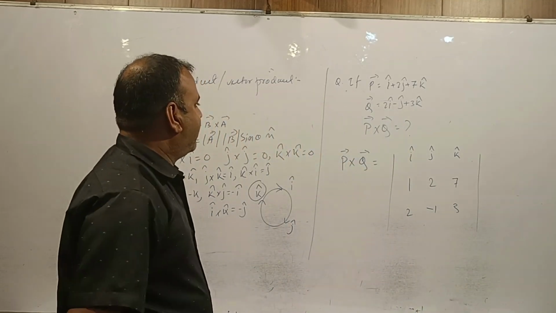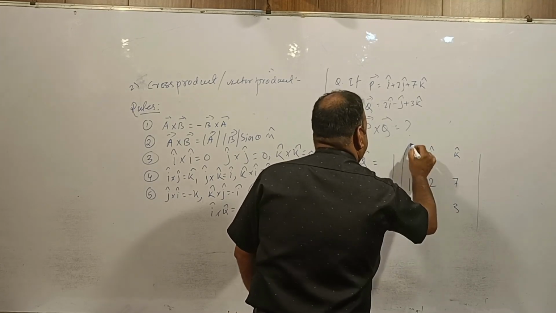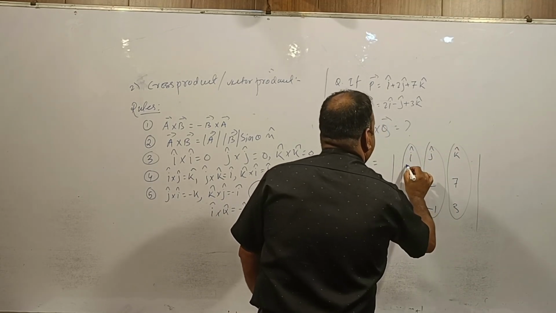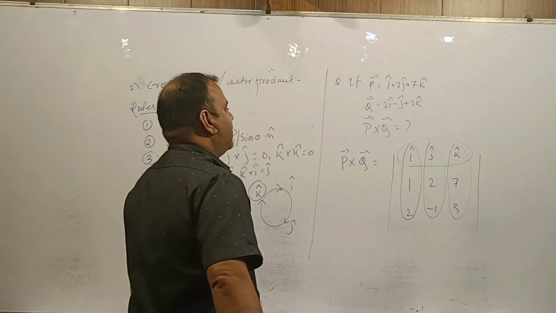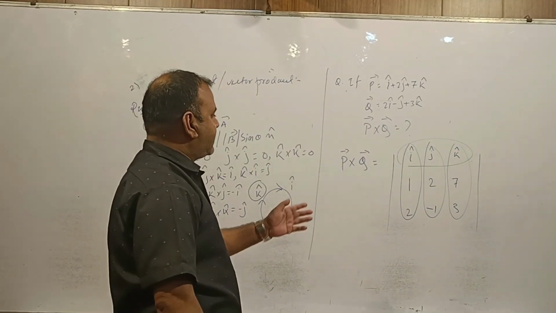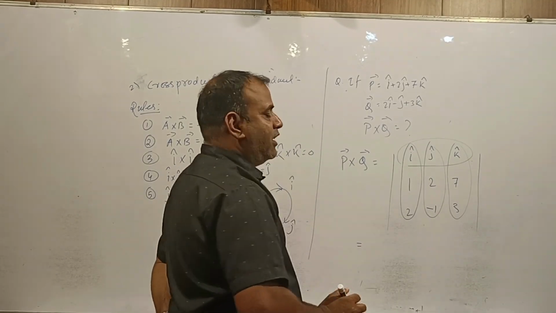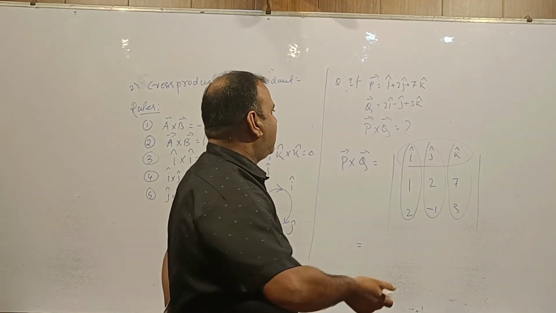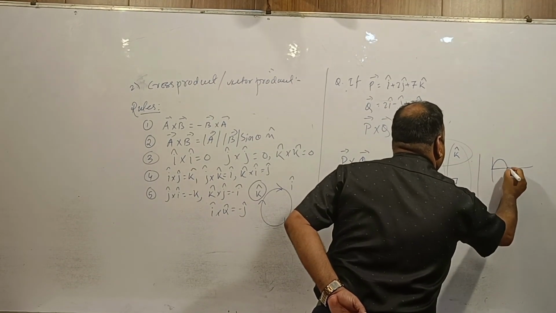Now you remember this is called the first column, second column, third column, and this is the first row, second row and third row. First, you remember in physics class 9 you learned about waves, the formation of waves in the case of sound.